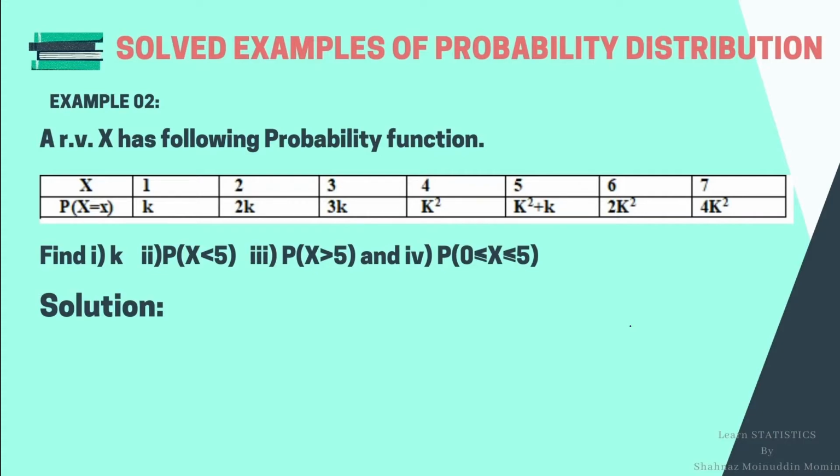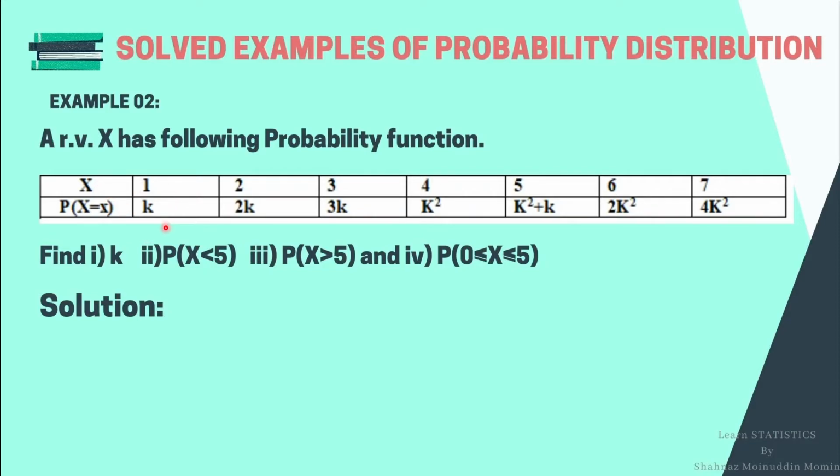Here a random variable x has the following probability function. Here x takes values 1, 2, 3, 4, 5, 6 and 7 and their corresponding probabilities are given.